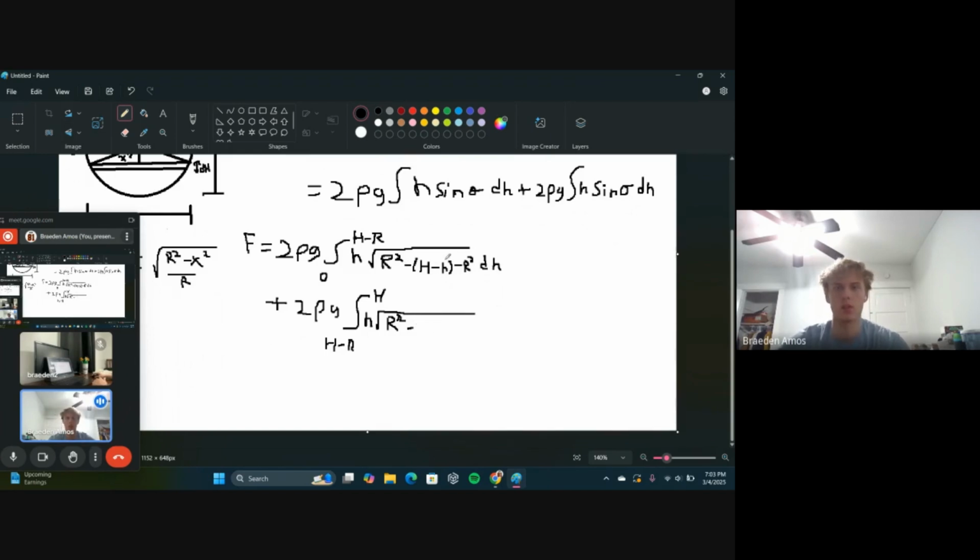And so this term is just flipped, so it's negative for this one. So it's going to be R squared minus, God, (H minus h) squared.